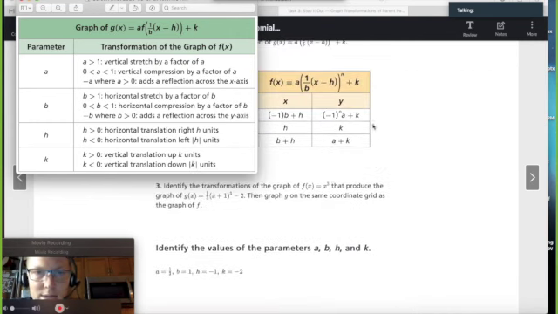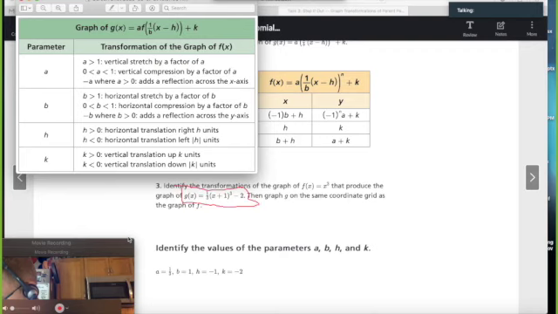So looking at our equation right here, we can see that we've got an a, which is equal to 1/3, which again is going to be a vertical stretch, or I guess a vertical compression by a factor of 1/3. It looks like we do not have a b. So notice our b would be right here.